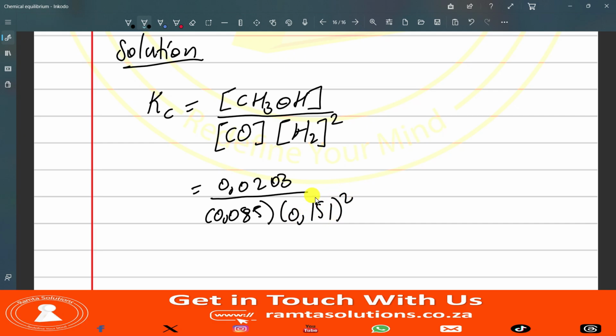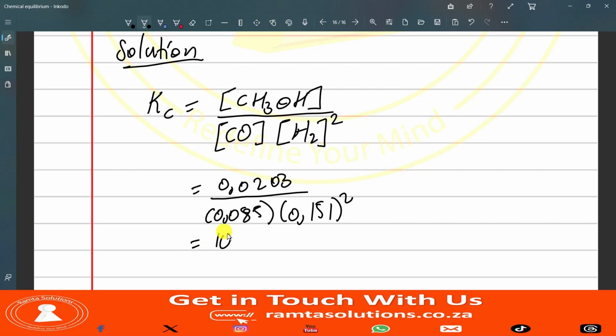Remember, the coefficient of hydrogen gas is 2, so it's squared. Using our calculators, 0.0203 over 0.085 times 0.151 squared.